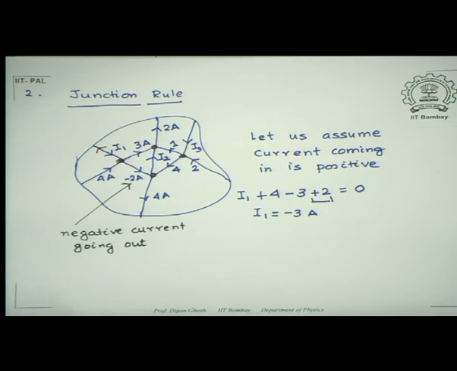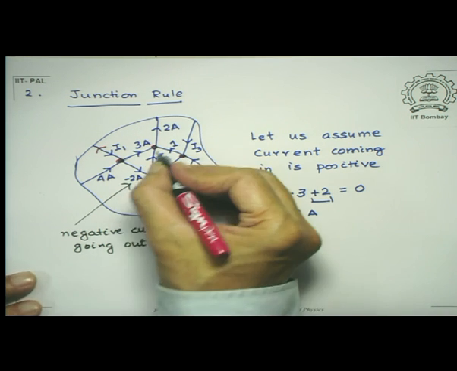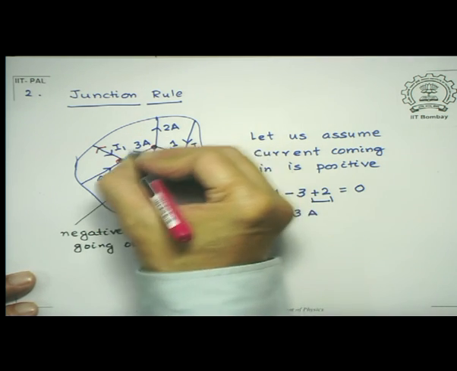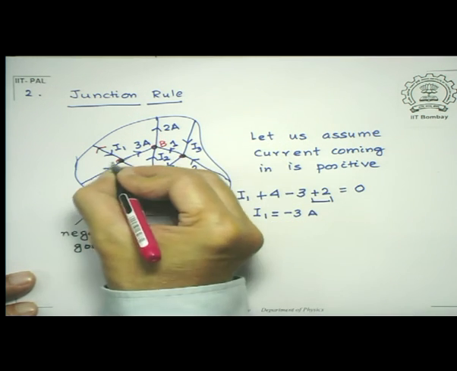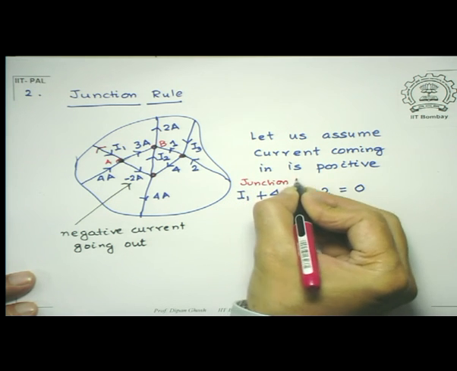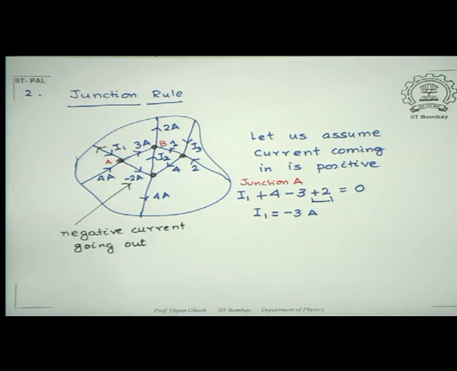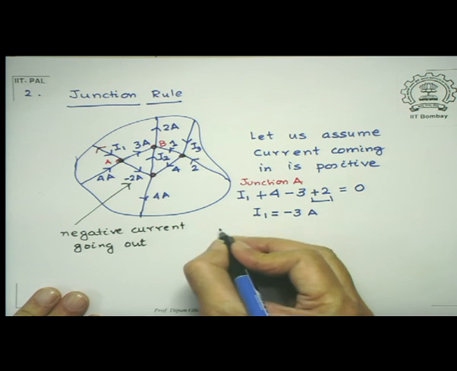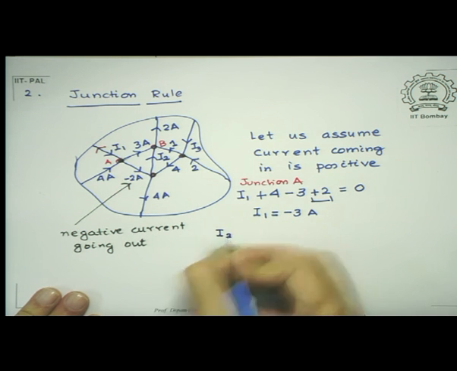And like this, you can also look at what is happening to the second junction. So let us talk about junction B. So this was junction A. Now what happens in junction B is this: I have said I2 coming in, so I2 is positive.